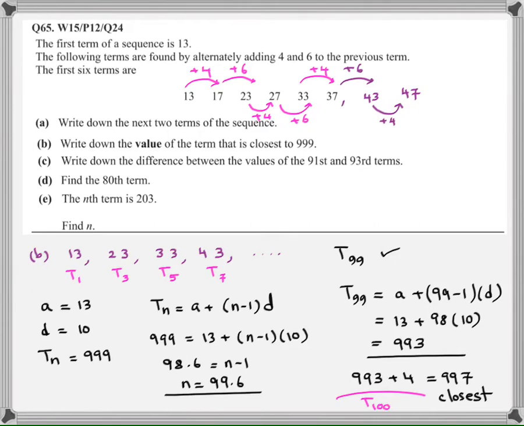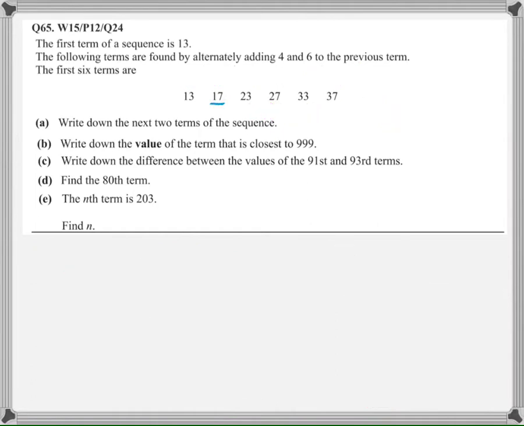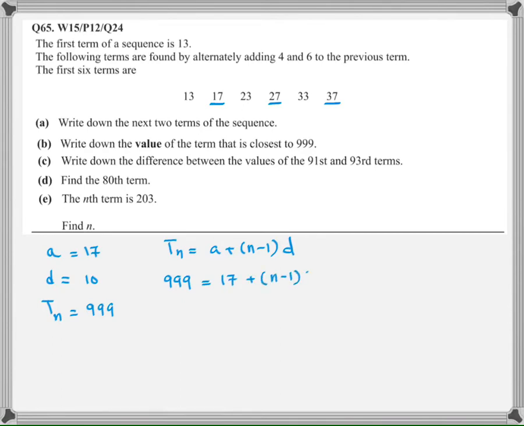So therefore, this is the number that is closest to this number. Now, if I look at the second way of doing this, that is 17, 27, 37, and so on, in this particular series, I'm using the second term, and maybe I'll arrive at the answer directly. 999 is 17 plus n minus 1 into d.